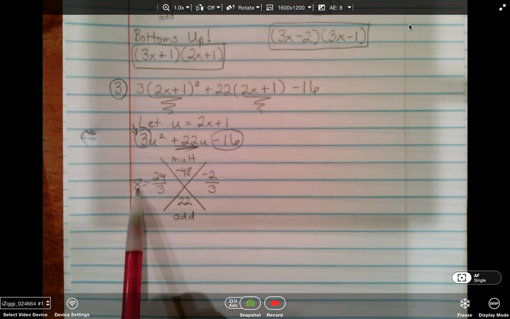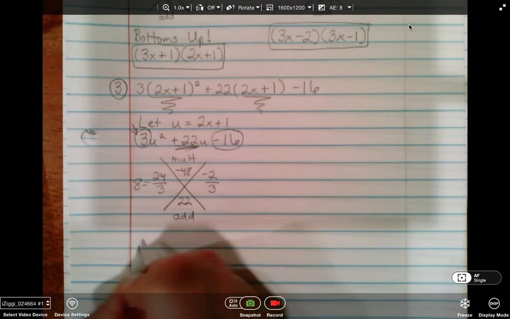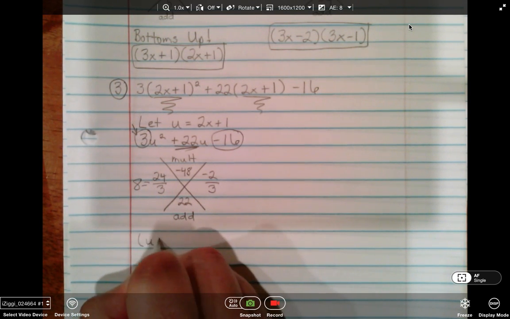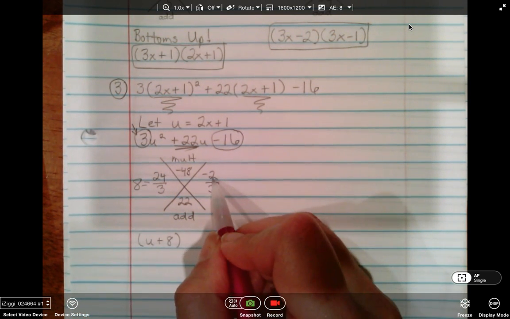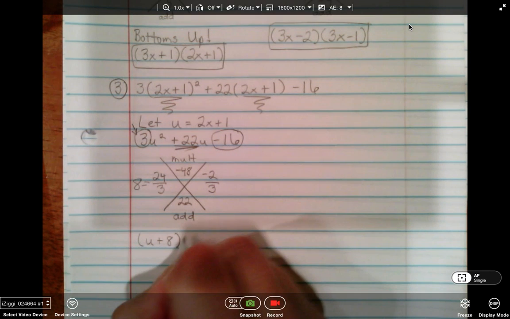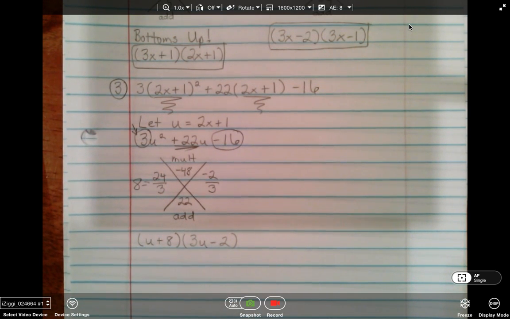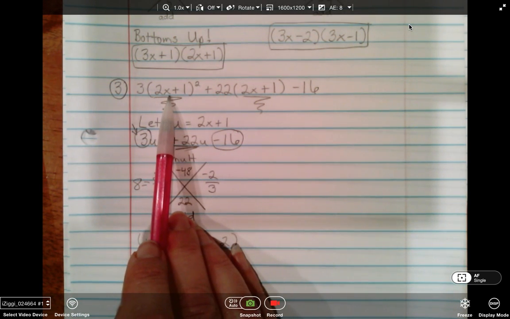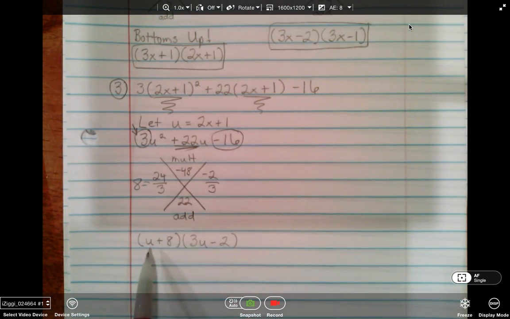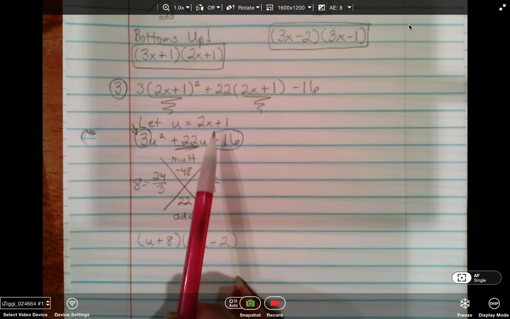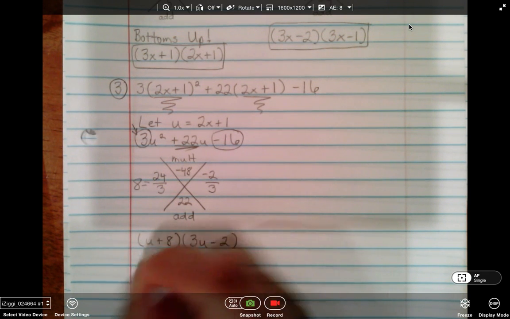Now, the 8 is no longer a fraction, so this is just going to be u plus 8, and this negative 2/3 with bottoms up is going to be 3u minus 2. But be careful. The original problem is not in terms of u, the problem's in terms of x. So where I have u, I am now going to replace that with 2x plus 1.